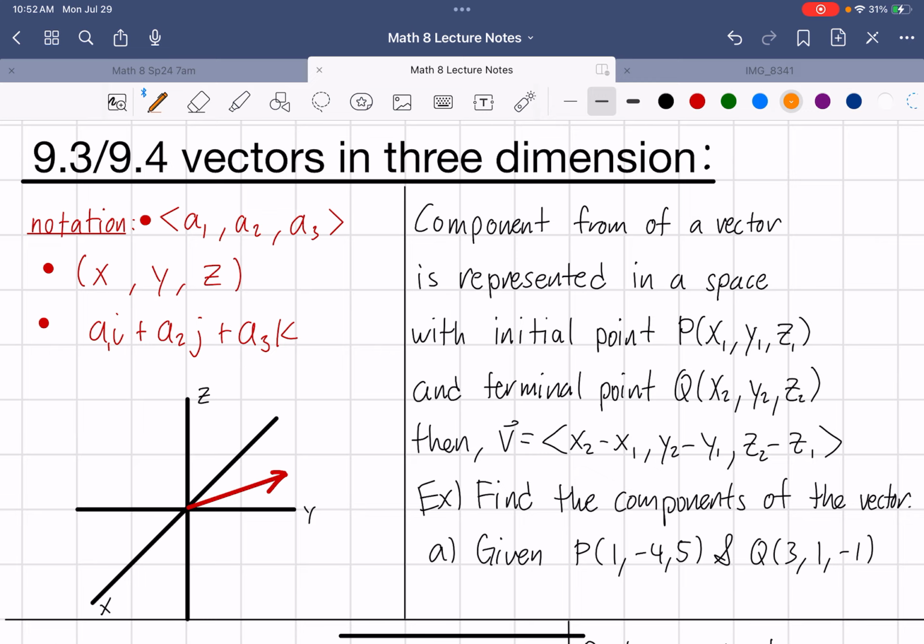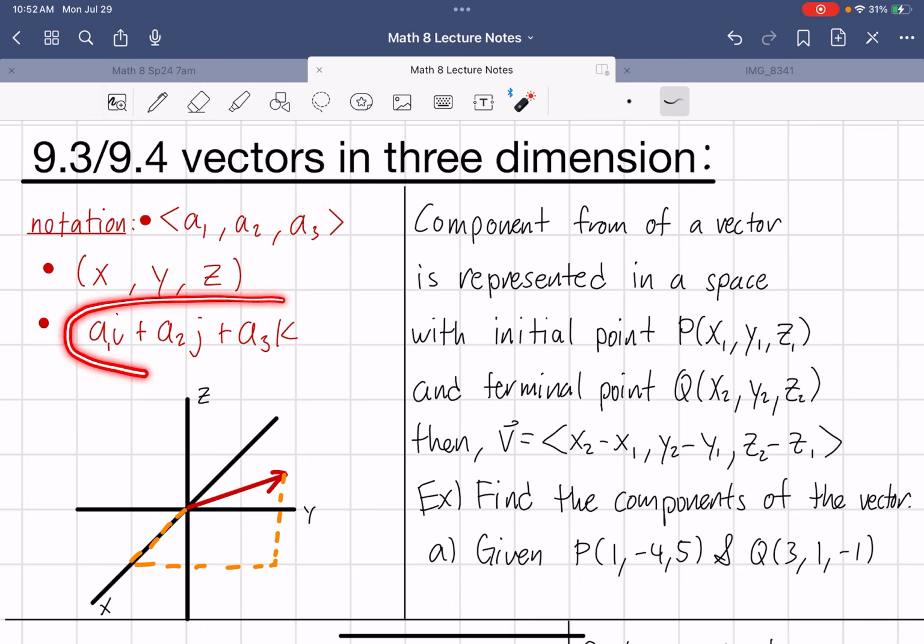We're going to go in the x direction, in the y direction, and then the z direction. So that's all that's changing, is this additional coordinate.